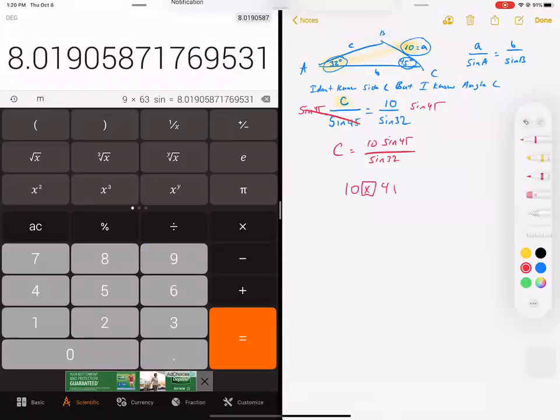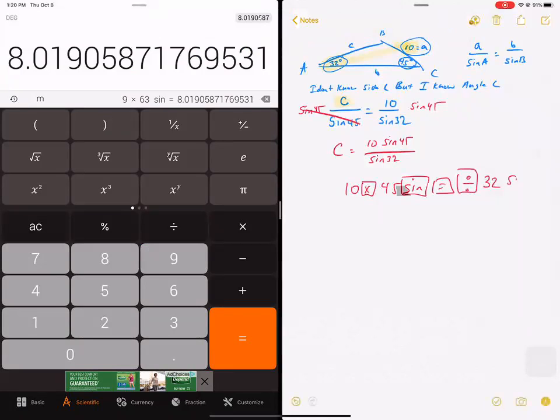I type 45 first, sine, and then I hit equals. That's the top part. Okay, that's just the top. Then we follow by divide by 32 sine, and then hit equals. That's my cheap calculator. If you have a nice calculator, you type it as you see it. A $15 calculator these days will even write it as a fraction for you.